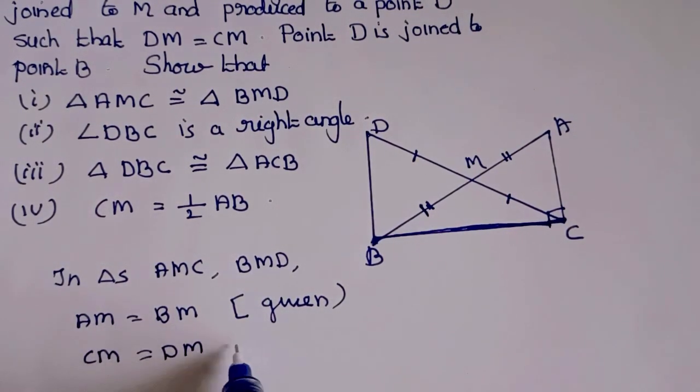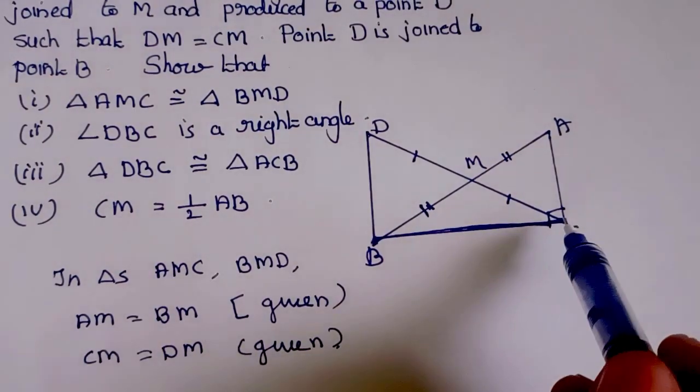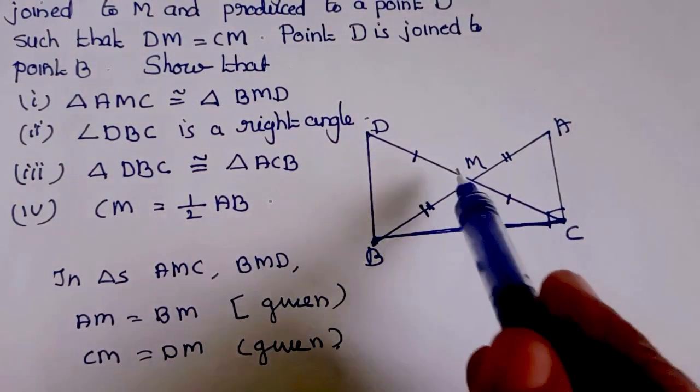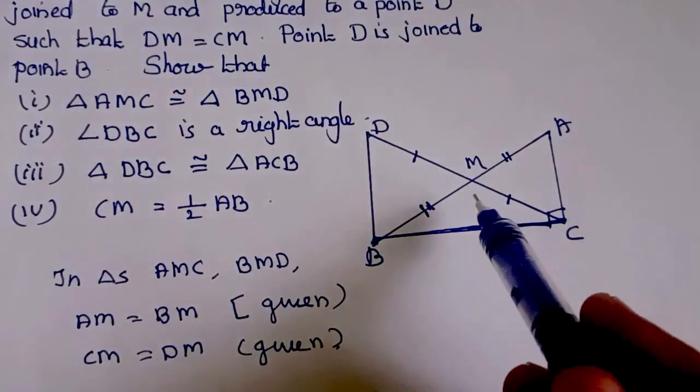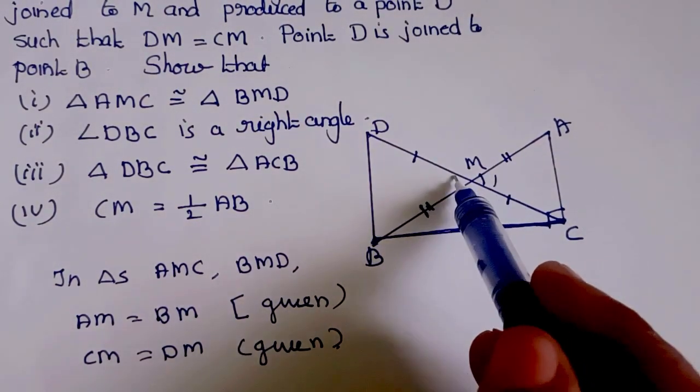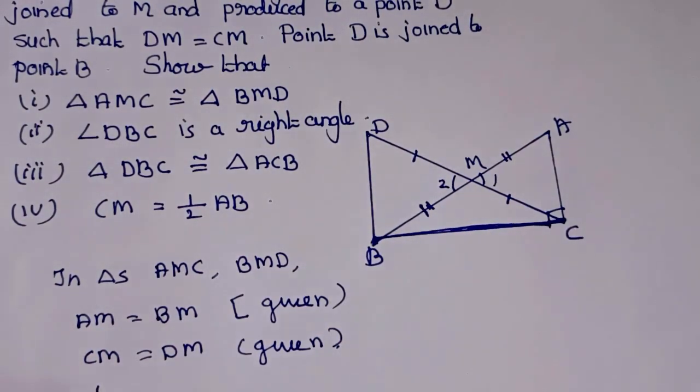It is also given. CM is extended to D such that CM equal to MD. And angle 1 equal to angle 2, reason vertically opposite angles.